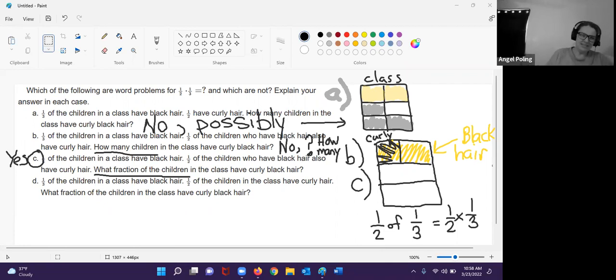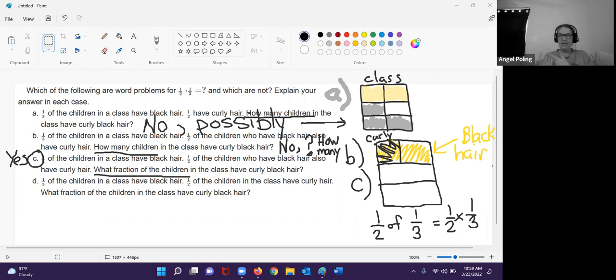So we have the same issue in D that we had in A. It just further illustrates that there were two issues with A. And I saw that when they asked us how many children, when they asked us that in B, right?